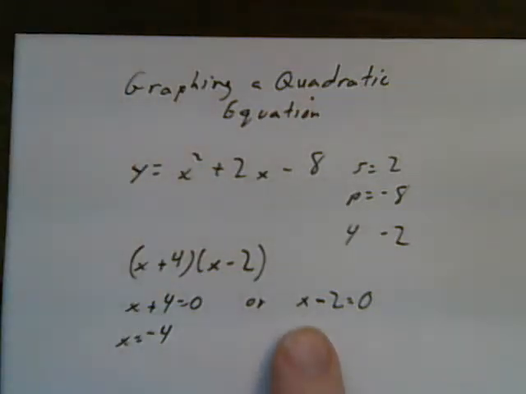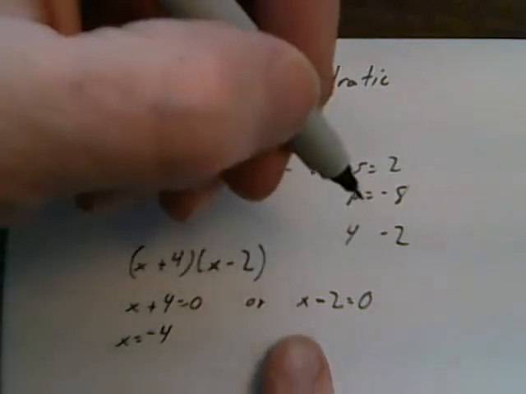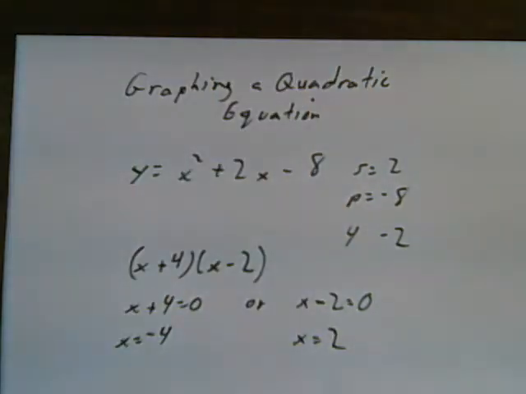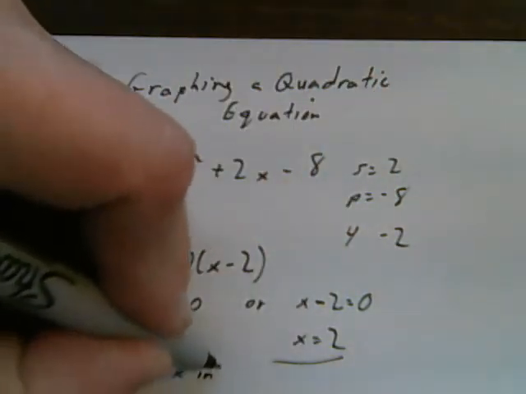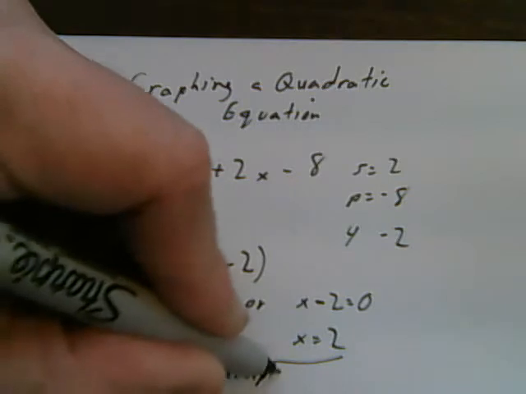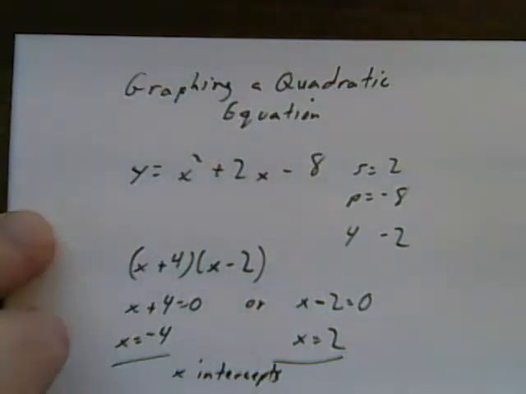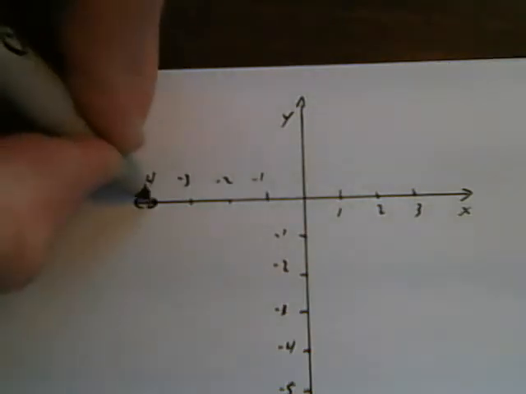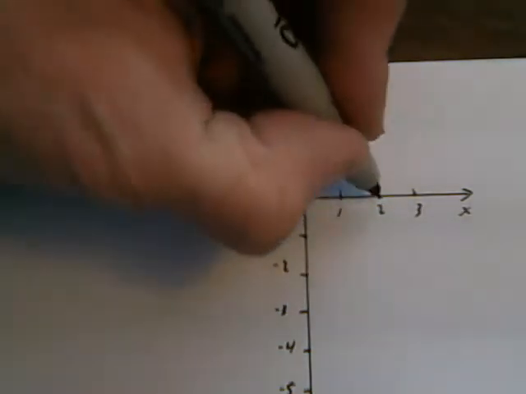What's a number that I subtract 2 from to get 0? Well, 2 minus 2 is 0, so here x equals 2. So those are my two x-intercepts, and I can plot them on my graph. So I'm going to plot x equals negative 4 and x equals plus 2.